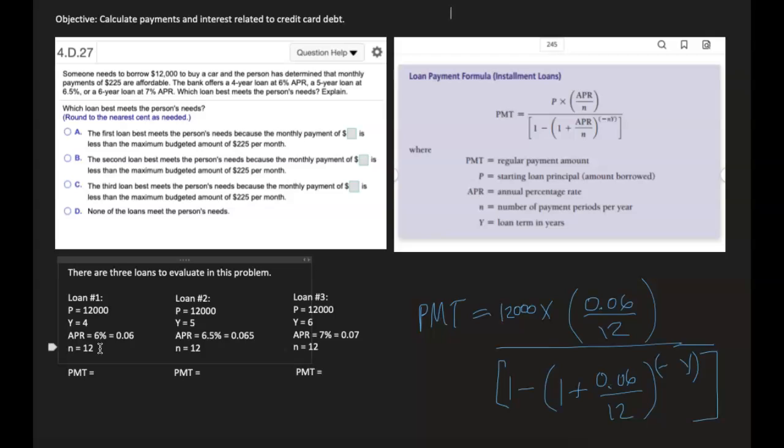That is a negative sign in front. And there's an implied multiplication sign between the N and the Y. And Y was the number of years. So for loan 1, it was going to be a 4-year loan. Now we have correctly substituted all the information for loan 1 into the formula.